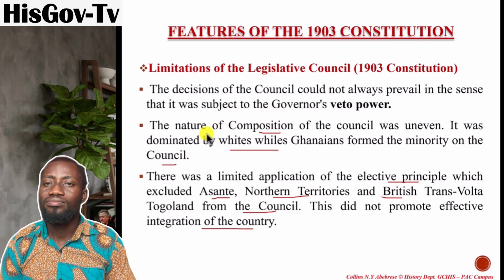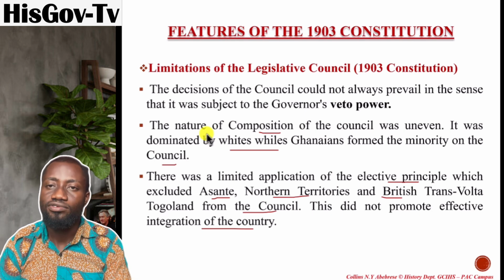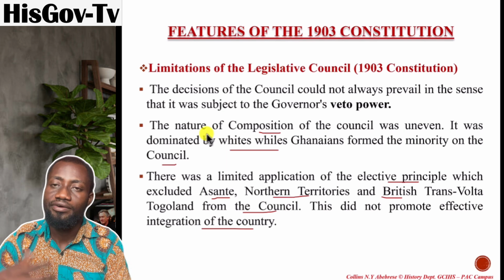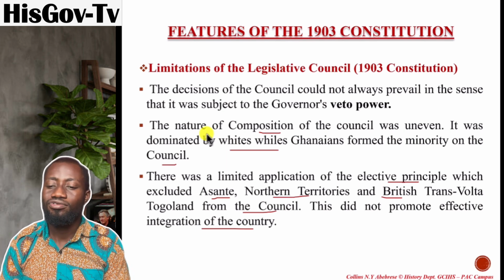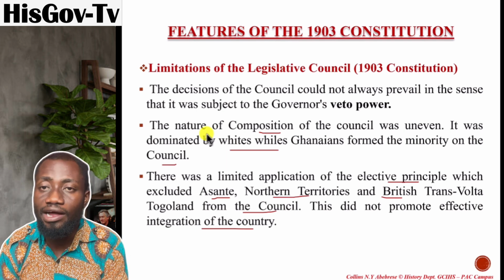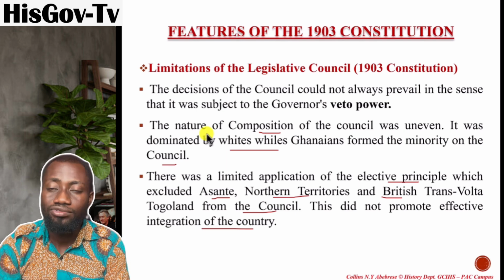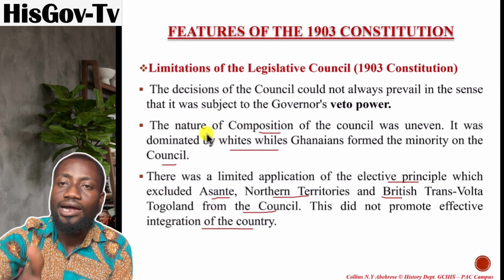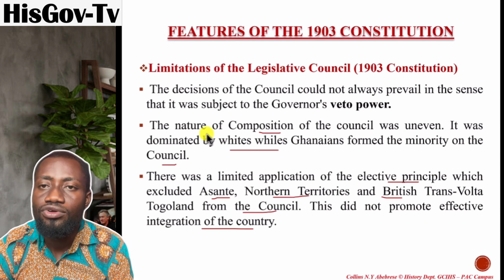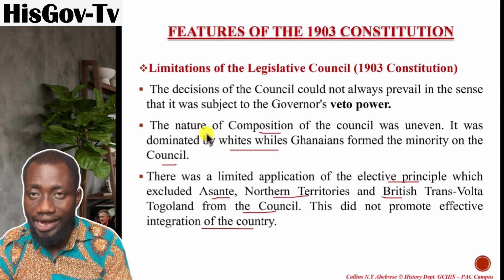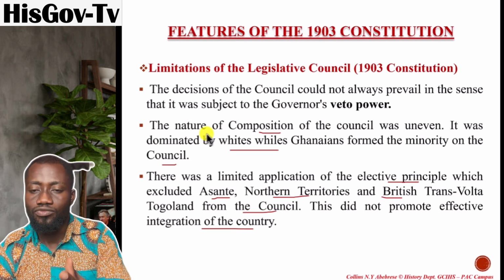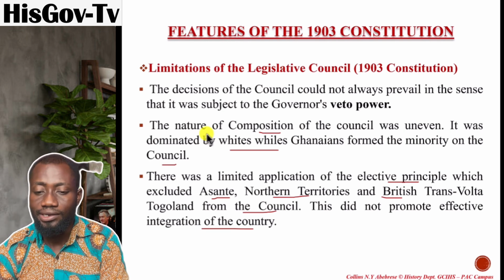Now, more so, the elective principle, when we talk of elective principle, giving an individual the right to vote, that also was not applied in the 1903 constitution. A lot of the members that were in the council were actually appointed. So we also say it's undemocratic. As educated elite, we will say this is an undemocratic constitution.